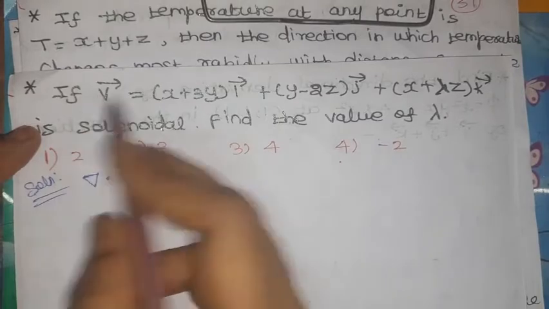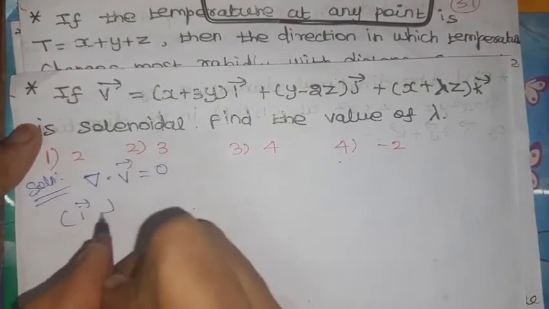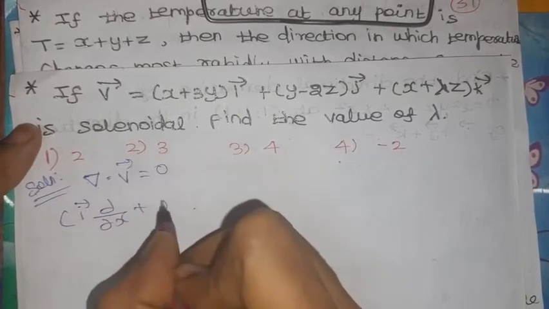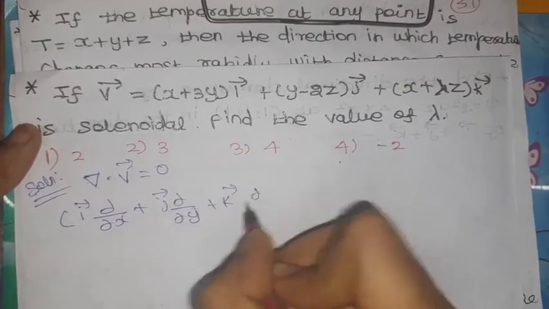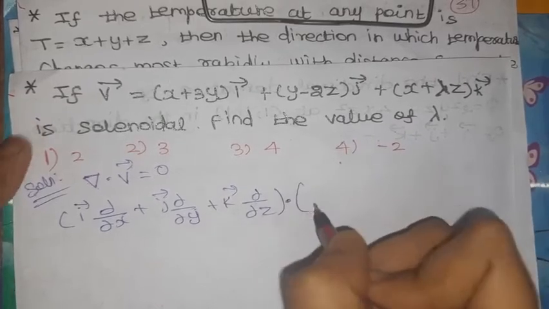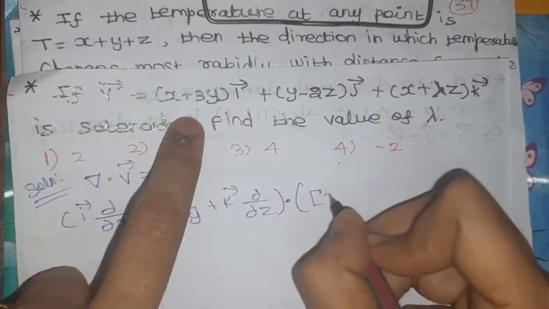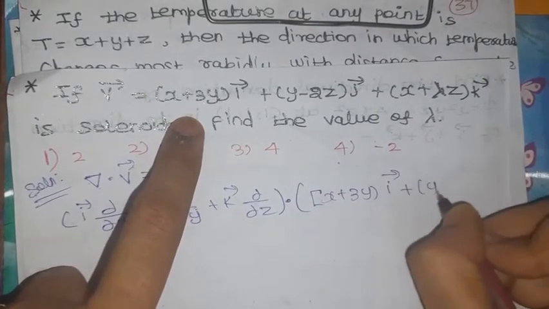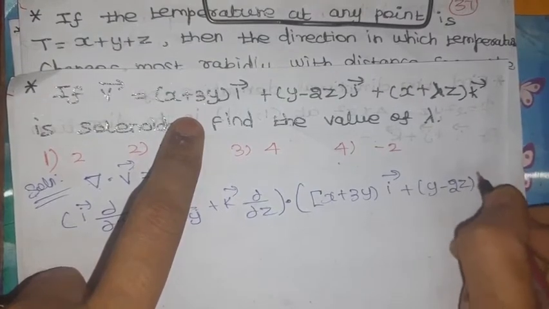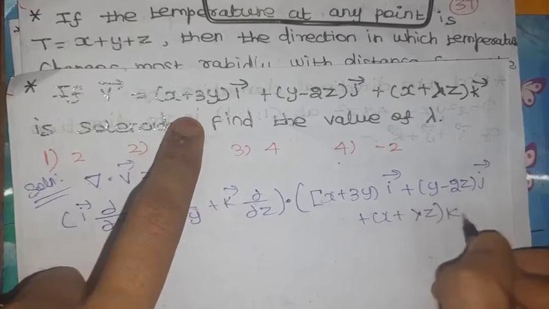So what is del? i into dou by dou x plus j into dou by dou y plus k into dou by dou z, dot product with the vector, the divergence: (x plus 3y) i plus (y minus 2z) j plus (x plus lambda z) k.